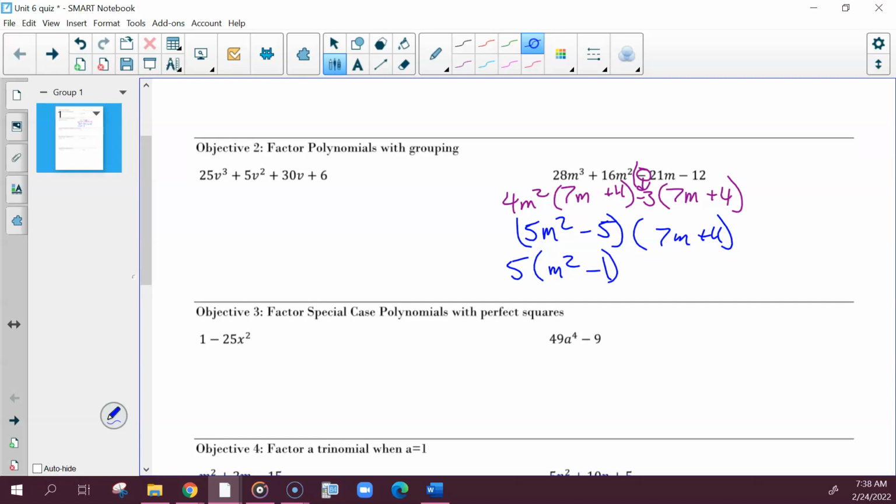I was trying to make this not a difference of squares, but I ended up making it a difference of squares anyway. Pretend that's not. But you would still simplify this as much as possible. If you got something that you could factor more, just keep factoring it more.